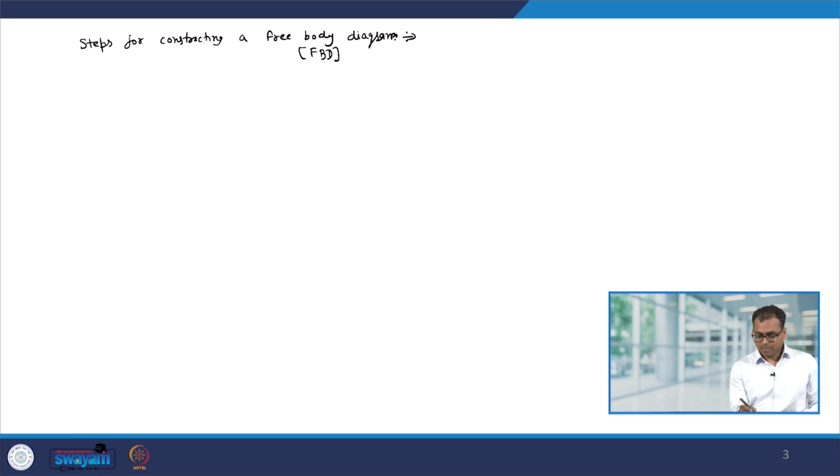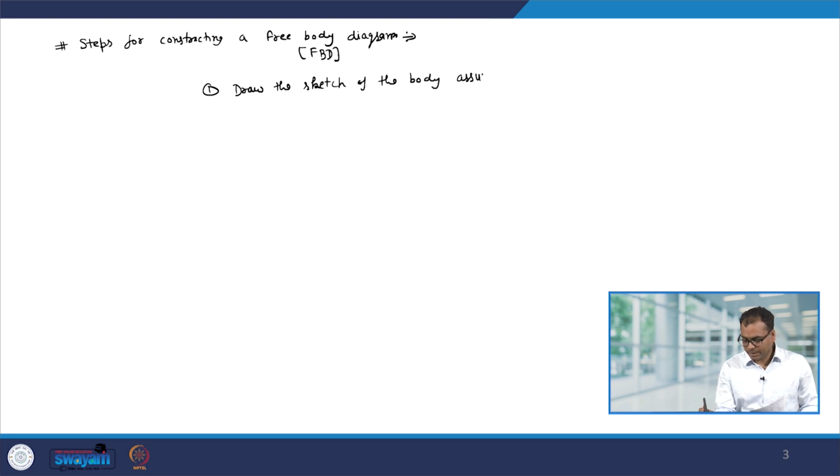Okay. So, number 1, you draw the sketch of the body by assuming that all supports have been removed.